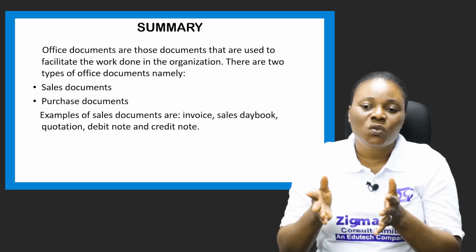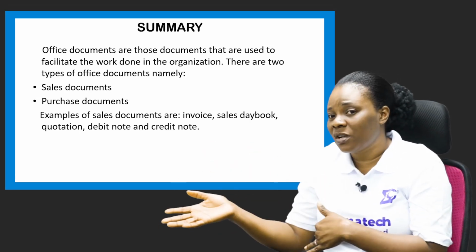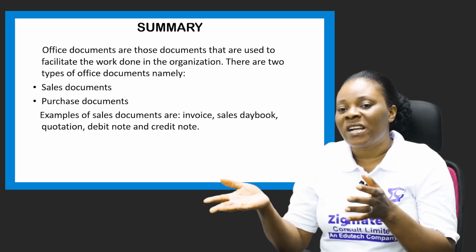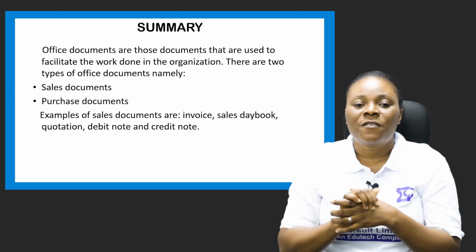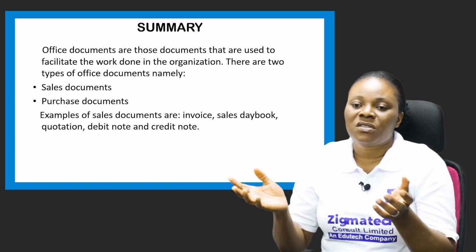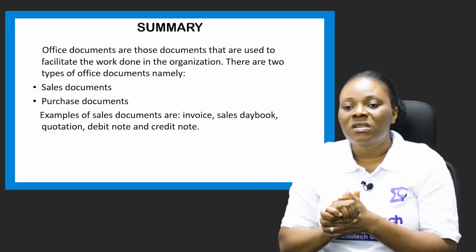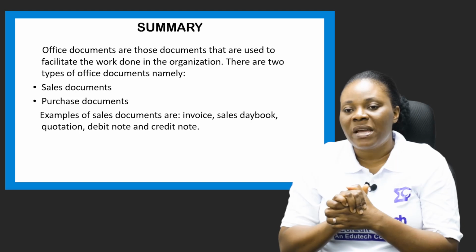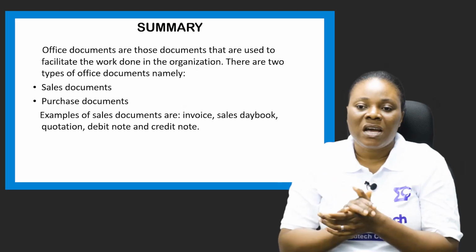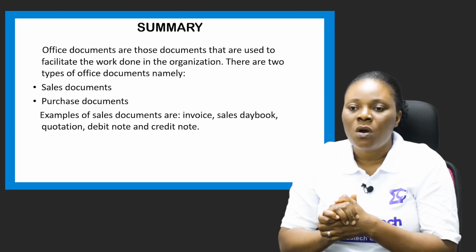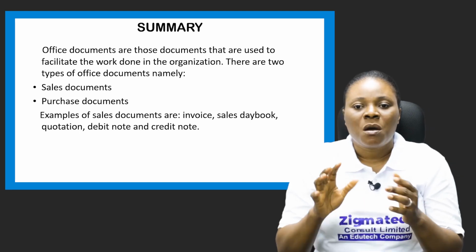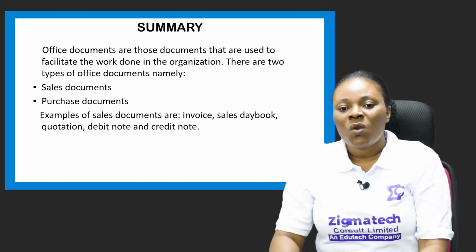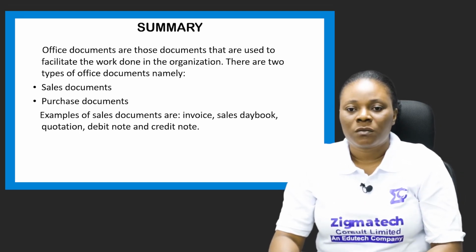So the debit note is used to correct what? Undercharged transactions, while the credit note is used to correct overcharged transactions or also for goods returned as a result of one reason or the other. So these are the various sales documents we have looked at in today's class. So watch out for the next video where we are going to be looking at purchase documents, the types, and also what they are used for.